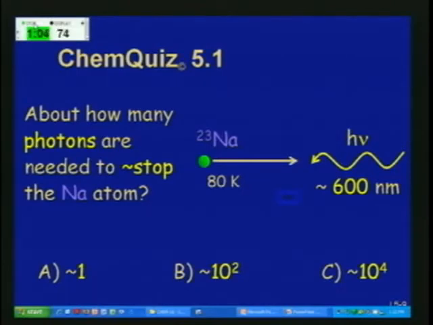So some of the information that you will need is here on this board.